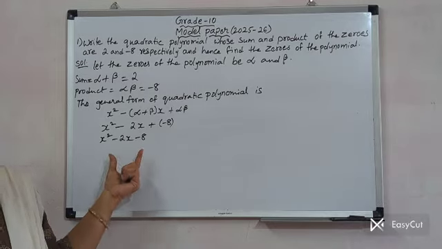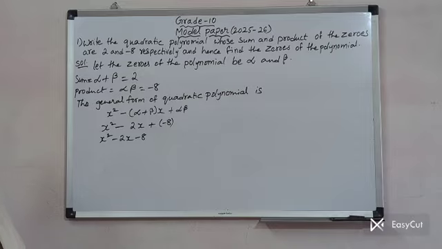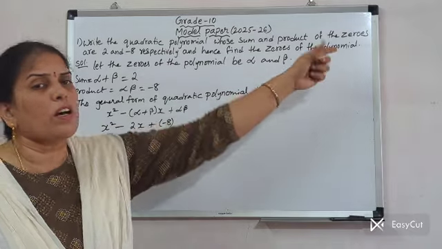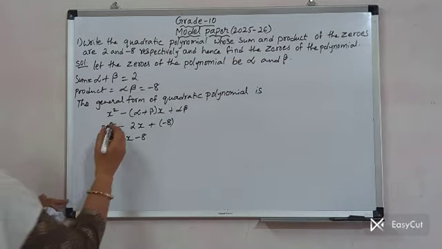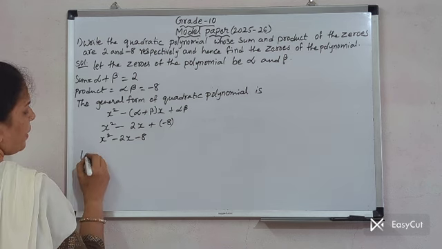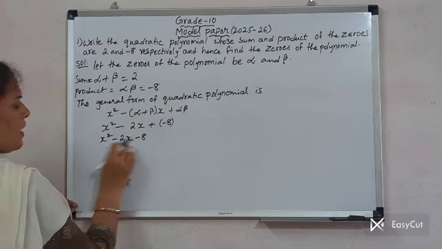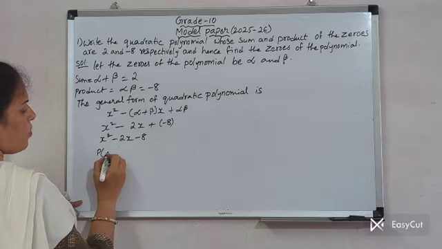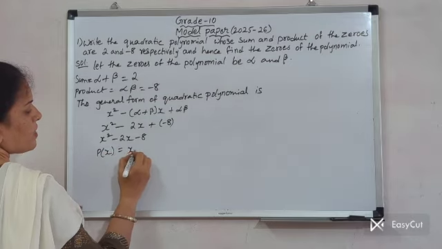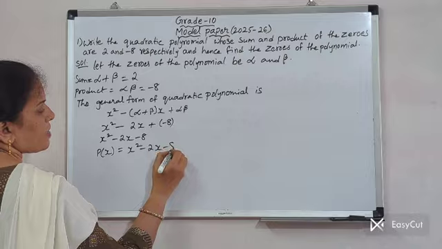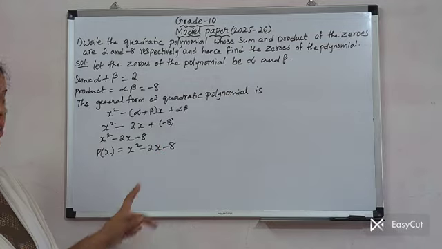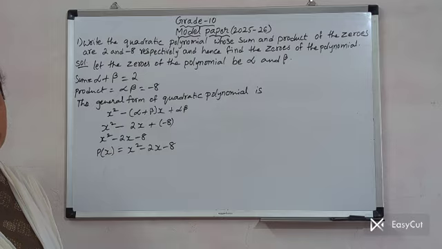This is the quadratic polynomial. Let it be p of x. Okay, now we will find the zeros of the polynomial. So, let p of x is equal to 0. What is p of x here? p of x is equal to x square minus 2x minus 8. This is the polynomial which is given.